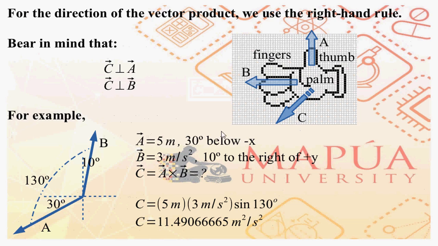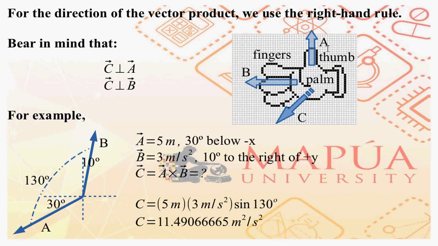So to use the right-hand rule, draw the vectors, say vector A, vector B, connect their tails together, and then place your right hand on the drawing, orienting your hand such that your thumb is pointing in the general direction of the first vector.